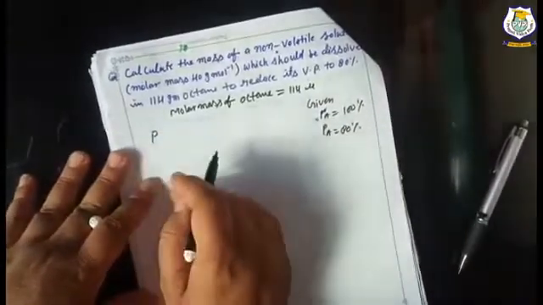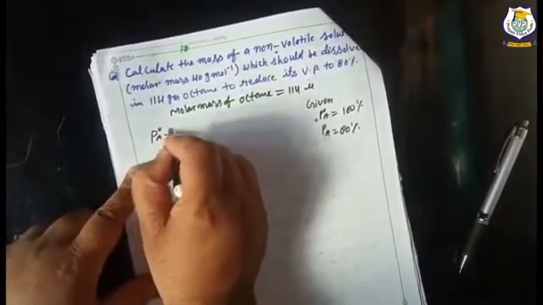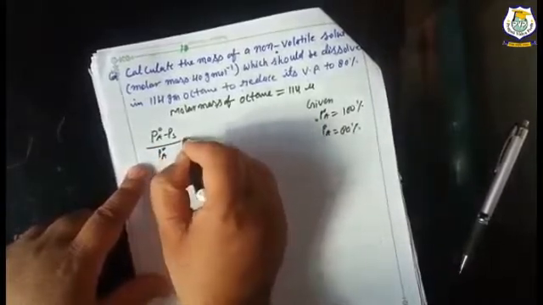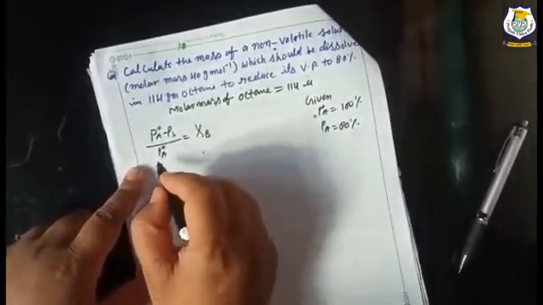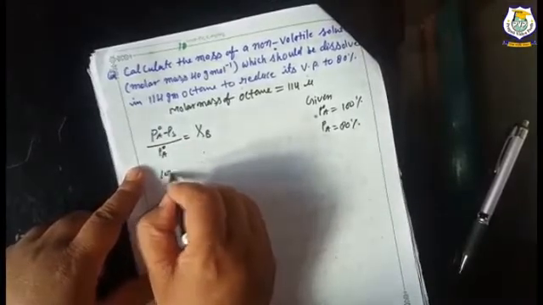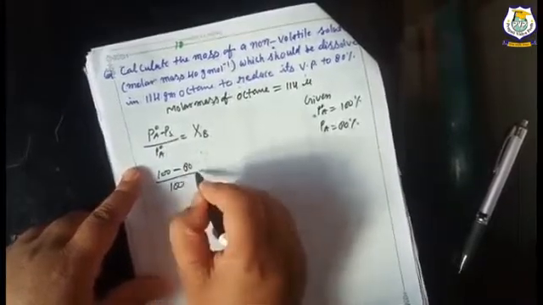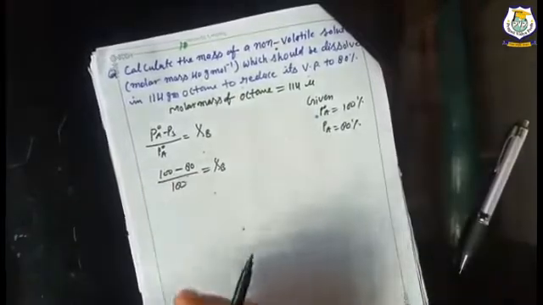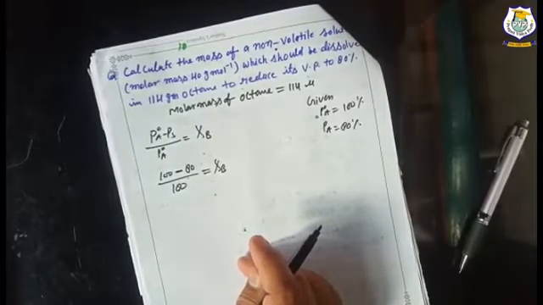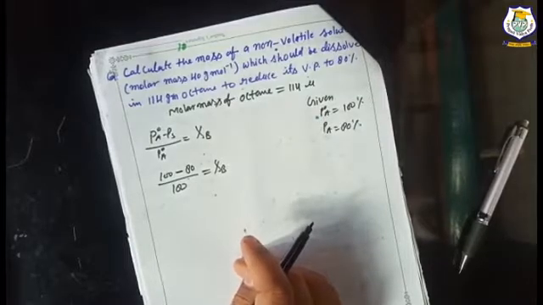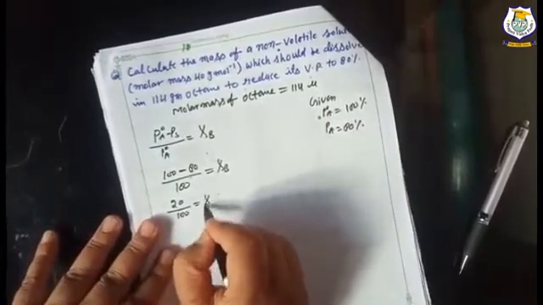So from Raoult's law for a non-volatile solute, we know that P naught A minus PS upon P naught A equals XB. So 100 minus 80 upon 100 equals XB, that is 20 upon 100 equals XB.